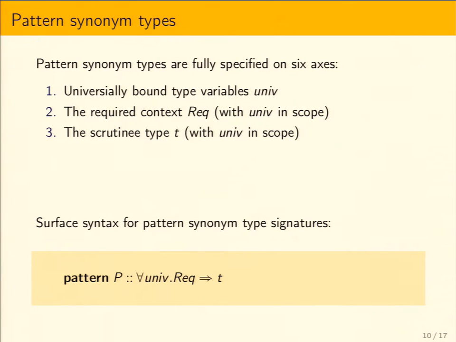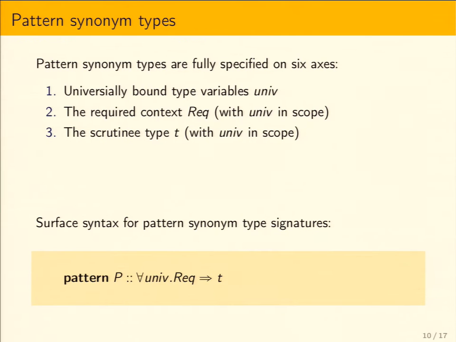So putting the typing all together, what we have found is that you actually need 6 different axes to fully specify the type of a pattern synonym. On one hand, you have the universally bound type variables, the required context, and the scrutinee type.